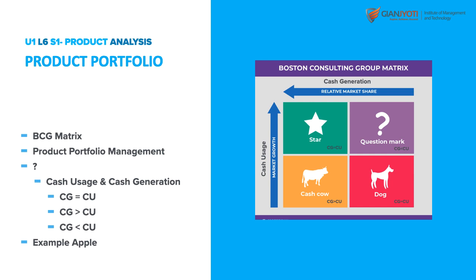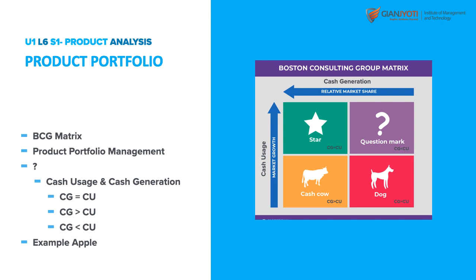So the cash which you are using, you are generating the same amount of cash. In case of star, the market is also growing and your share is also growing. So you are putting in the money and you are generating the money. So the cash is the same, is equal.